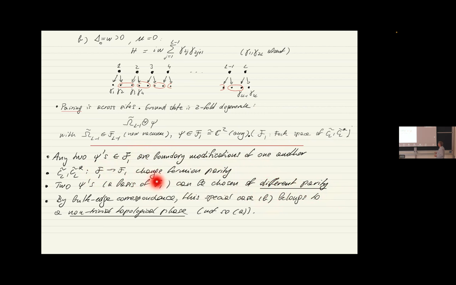That would be the basis in that space. And here is the remark I anticipated. By bulk-edge correspondence, this special case that we have looked at second belongs to a non-trivial topological case. Not so A, the thing before, which had no edge states at the end.